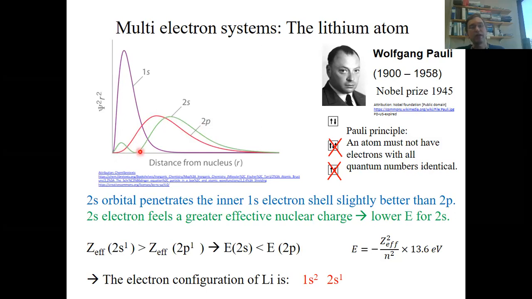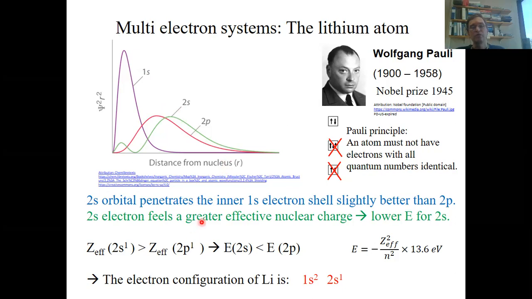So that would argue that, well, the 2s orbital would not penetrate the 1s orbital better than the 2p orbital. However, the 2s orbital has this second maximum very close to the nucleus, which penetrates the 1s orbital very, very effectively. And that's the reason why the 2s orbital penetrates overall slightly better than the 2p orbital. And therefore, the 2s orbital has a slightly lower energy than the 2p orbital, but not much.